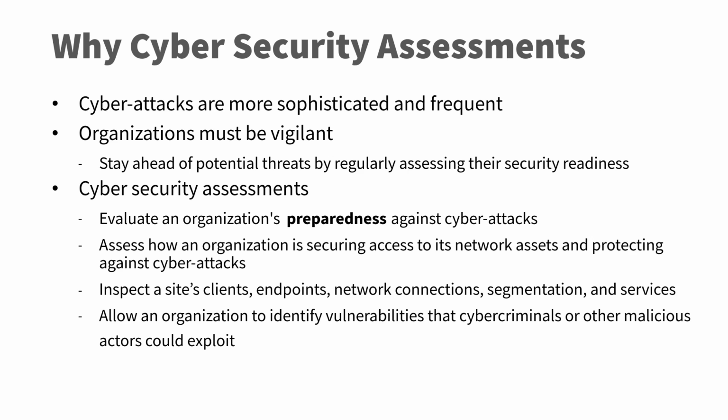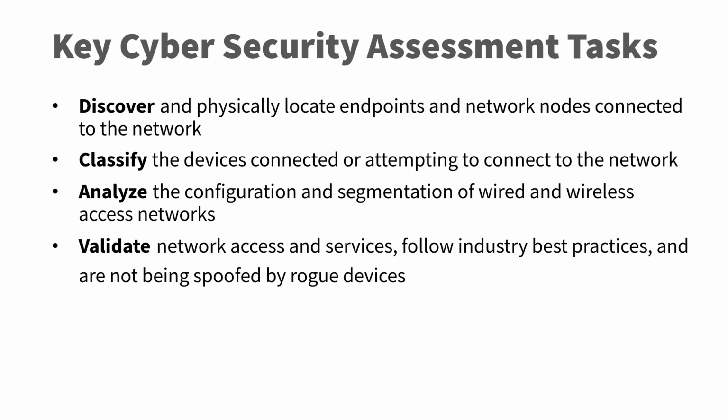How is it configured? How is it segmented? And it's very important to consider both the wireless and the wired side of your network. And one of the exciting things I find on the Cyberscope is the ability to do both of those. And James will demonstrate that a little bit later on.